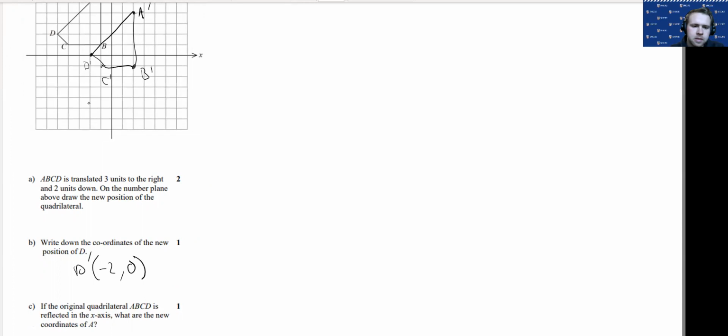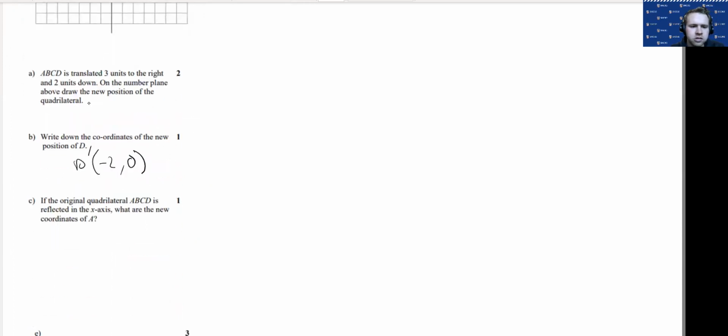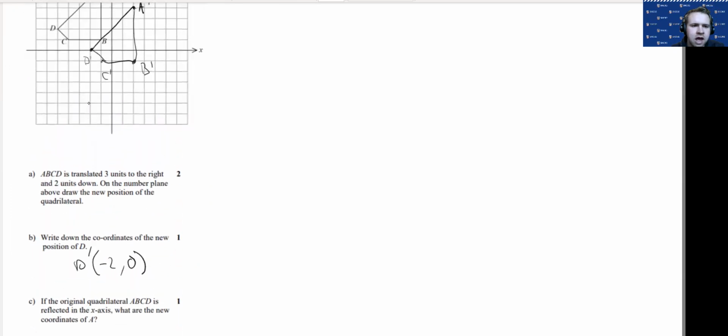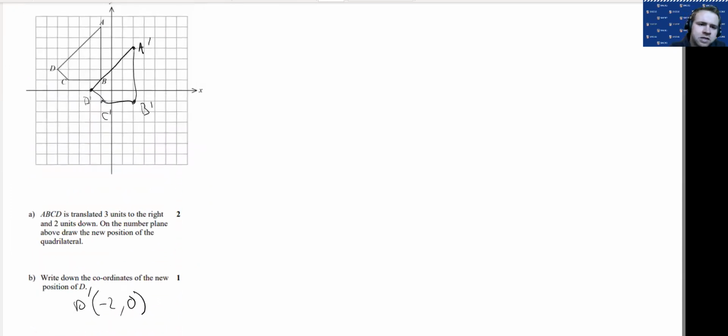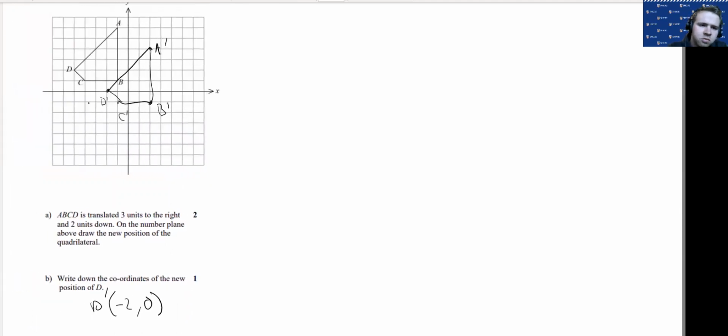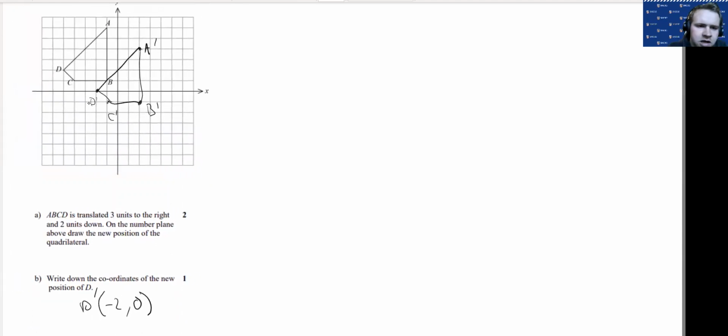And then finally, if the quadrilateral ABCD is reflected on the x-axis, what are the new coordinates of A? If it's reflected on the x-axis, we need to make sure it's the same distance away from the x-axis. So it's 1, 2, 3, 4, 5, 6 ones away, so it's going to end up 1, 2, 3, 4, 5, 6.